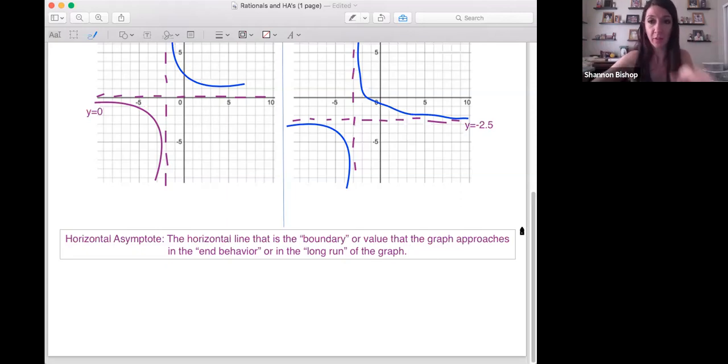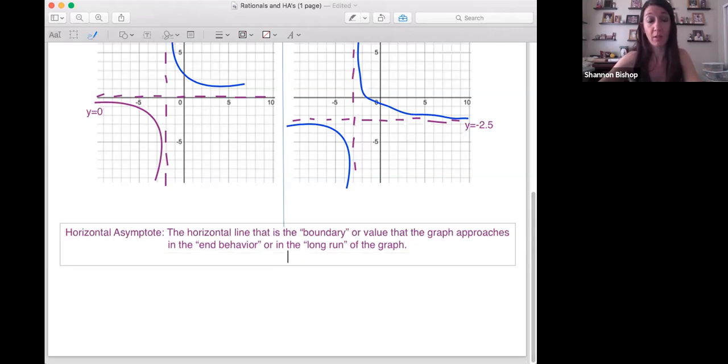So it levels out. Now, since we're talking about a horizontal line, it's always going to be in the form y equals instead of x equals. Your vertical asymptote was an input value, so it has to say x equals. Well, this is an output value, so it has to say y equals.